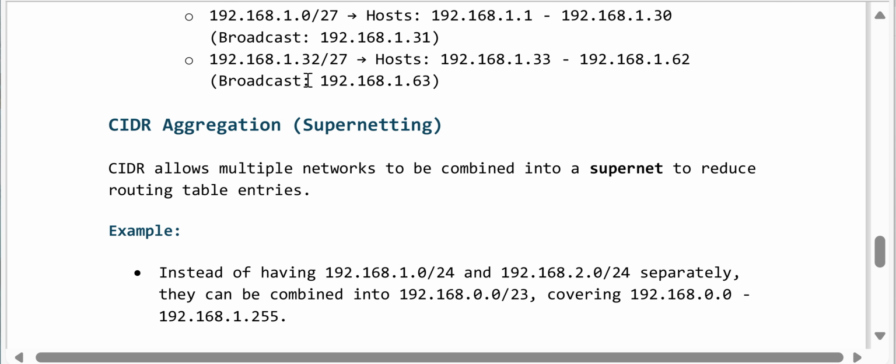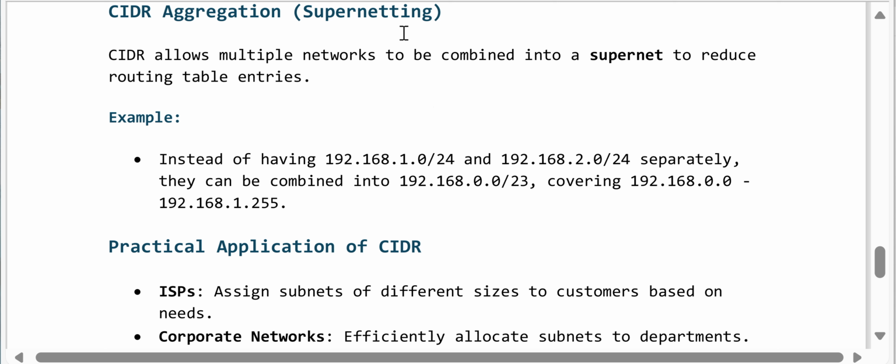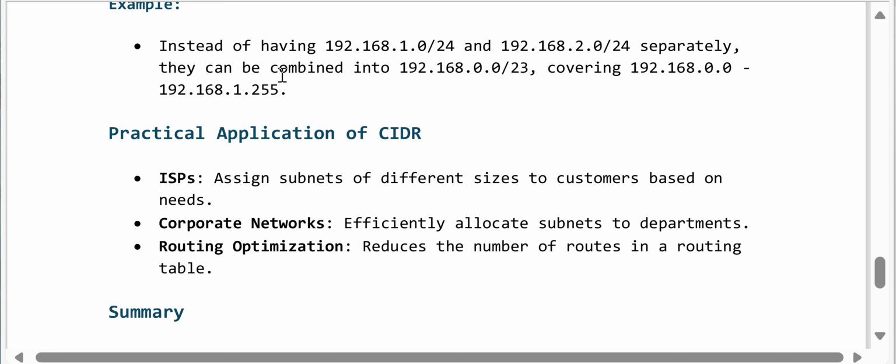It's another example. Okay, so supernetting. This allows multiple networks to be combined into a supernet to reduce routing table entries, right? So instead of having 2 different Class C networks, you can combine them. Instead of using a 1 and a 2, you can just start at 0, take away a bit from your network and add it to your host.